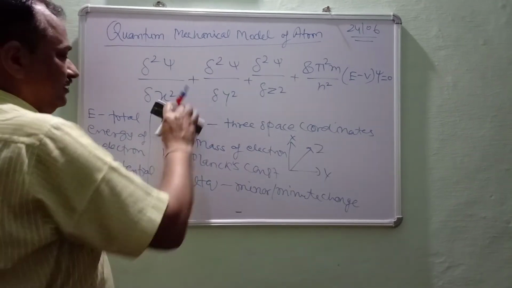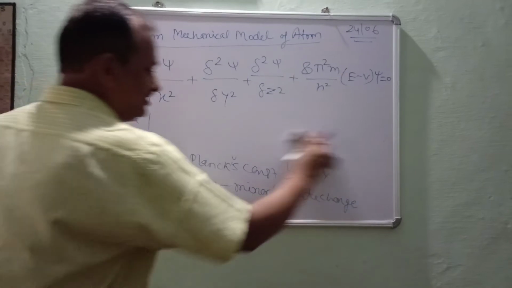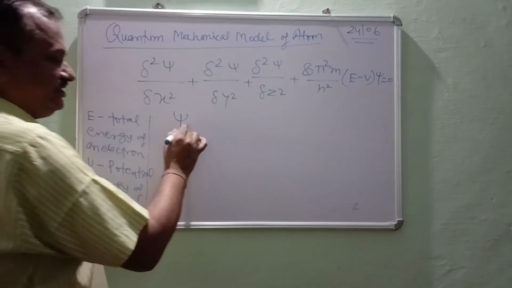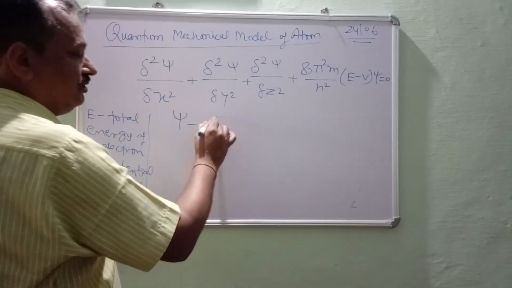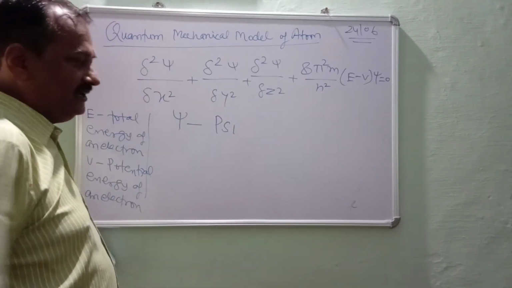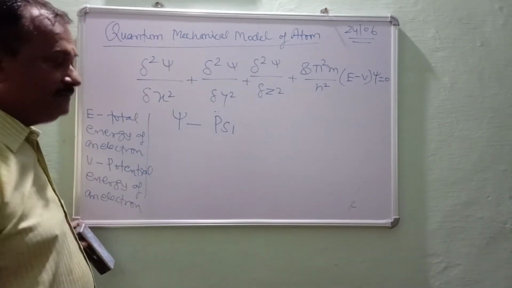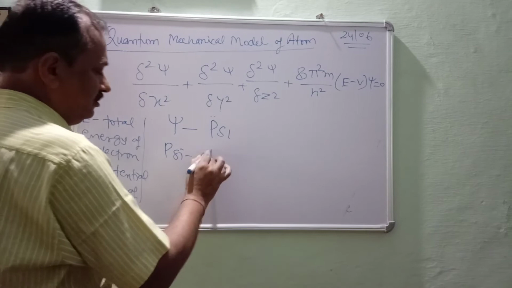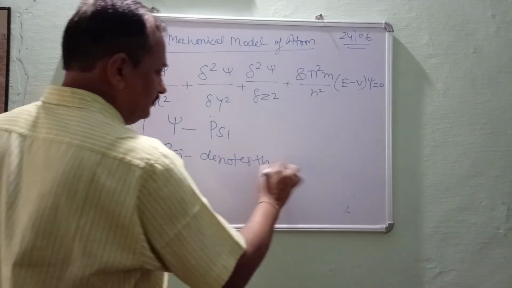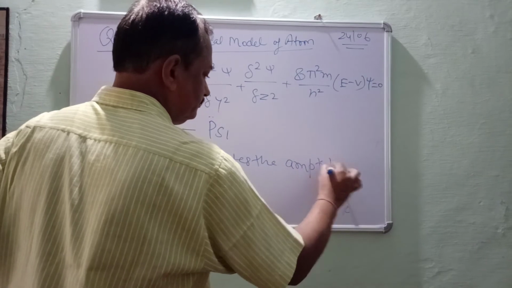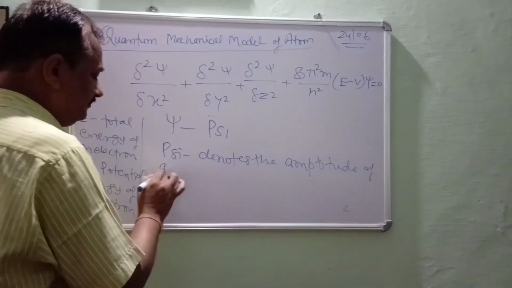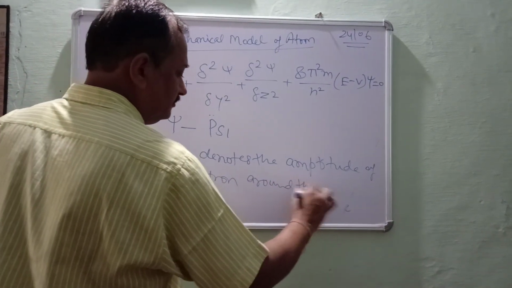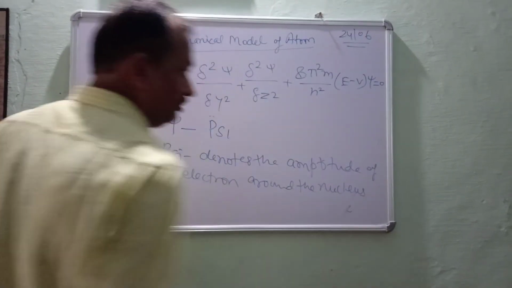Now the new function which has been left is another mathematical function, called psi. The p is silent; we say psi, and psi denotes the amplitude of an electron around the nucleus.